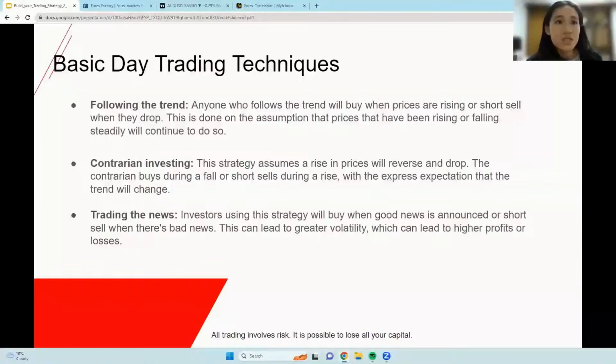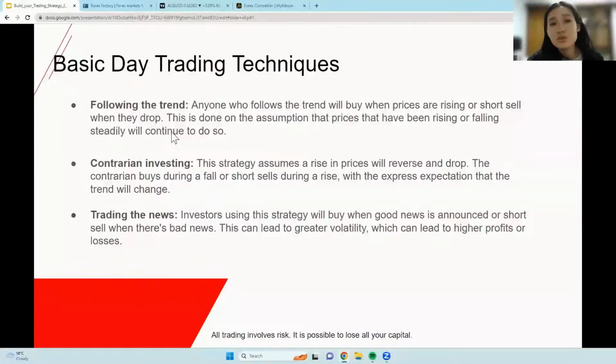But this is done on the assumption that prices that have been rising or falling steadily will continue to do so. Contrarian investing. This strategy assumes a rise in prices will reverse and drop. The contrarian buys during a fall or short sells during a rise with the express expectation that the trend will change. So you can see why we typically recommend the first technique. Okay, trading the news.